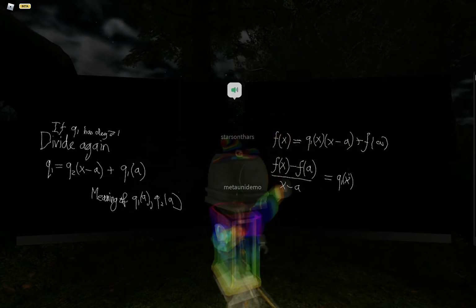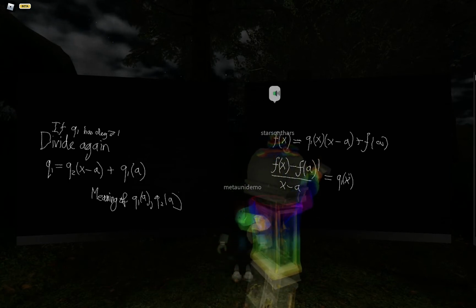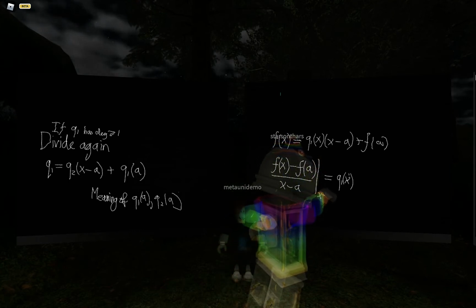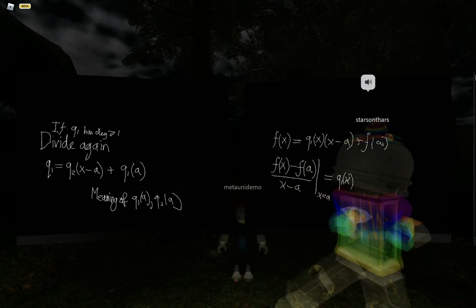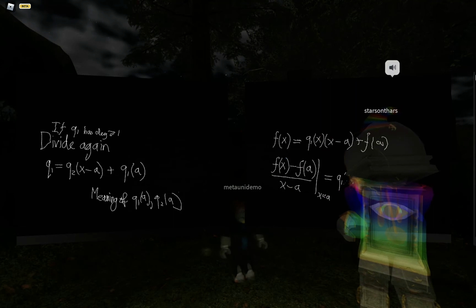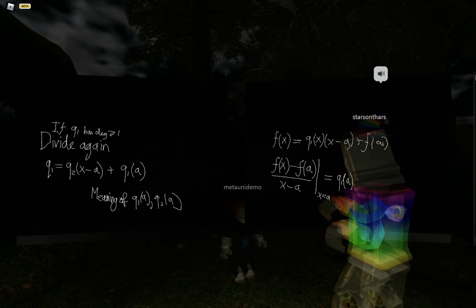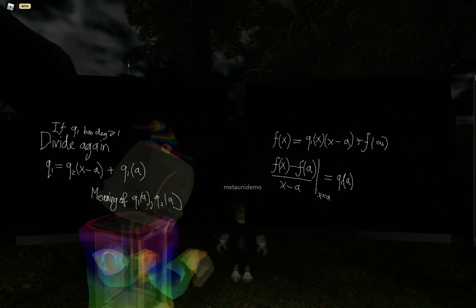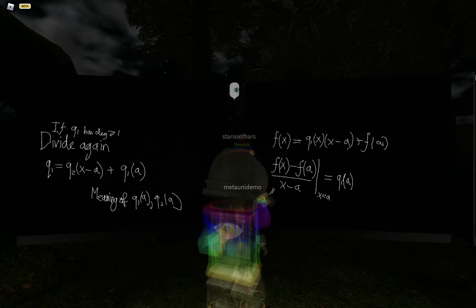It's what I get by sticking X equals A in the left-hand side, which doesn't seem defined, but it is, because that ratio is a polynomial in which I can substitute X equals A. So this is Q1A. What's the left-hand side? That's by definition, at least in the calculus sense, F prime A.